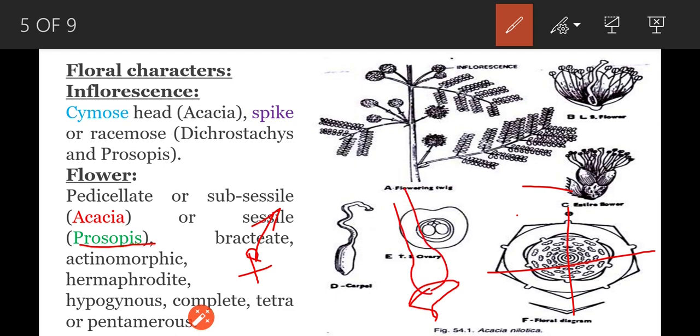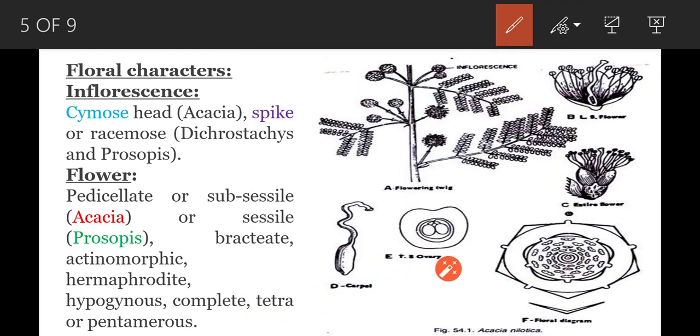Such flowers are called hypogynous flowers. Next, complete flowers. All the four whorls are present in the flower. Next, flowers are tetramerous or pentamerous. Tetramerous means 4 sepals and 4 petals are present. Such flowers are called tetramerous. Pentamerous means 5 sepals and 5 petals are present. Okay, this is about flower.